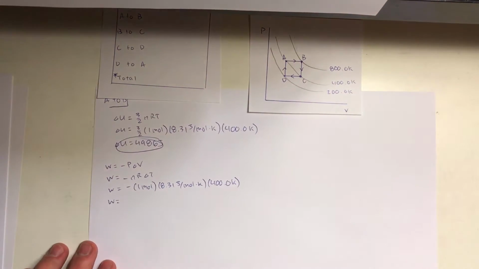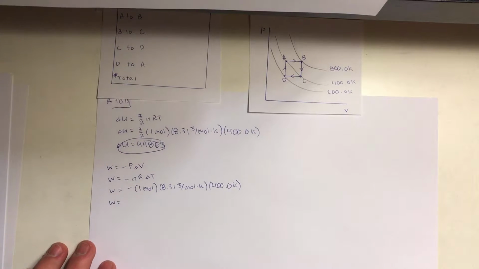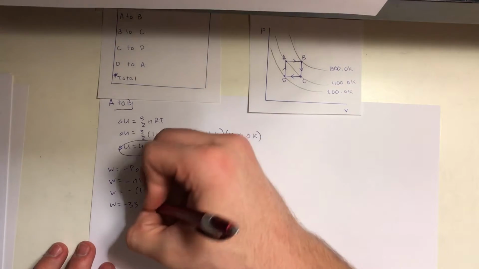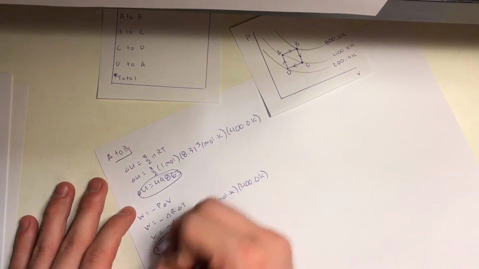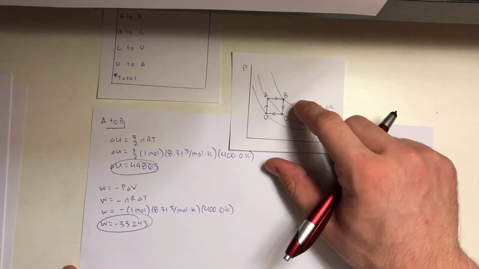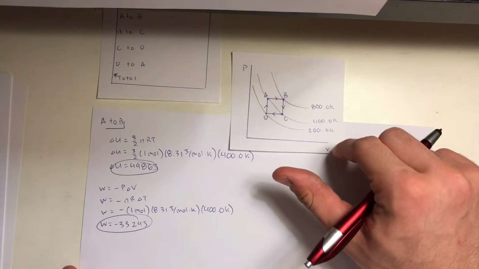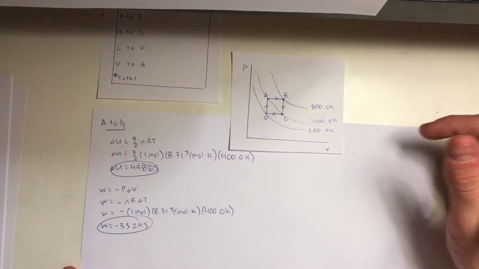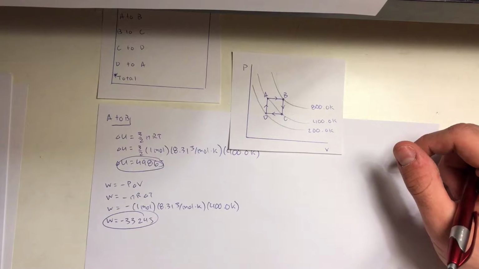So work for this one is negative 3,324 joules. And obviously it's negative because the gas is expanding, it's increasing in volume. So work is being done by the gas on the environment.